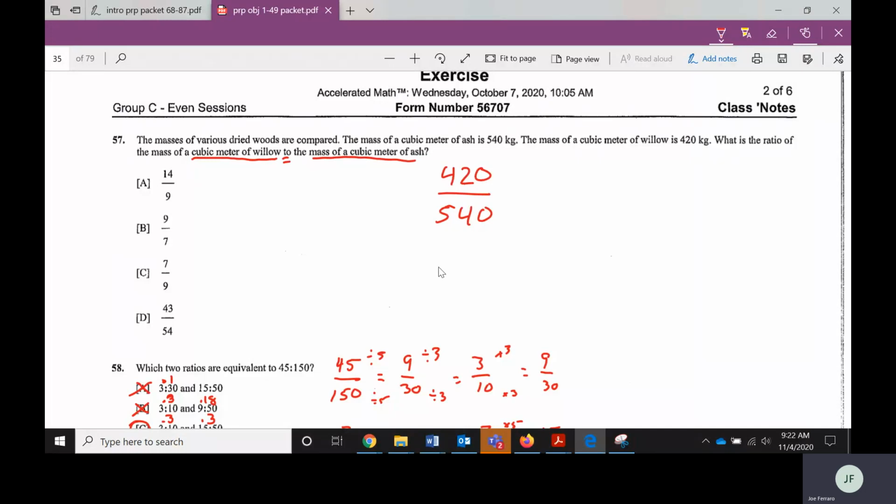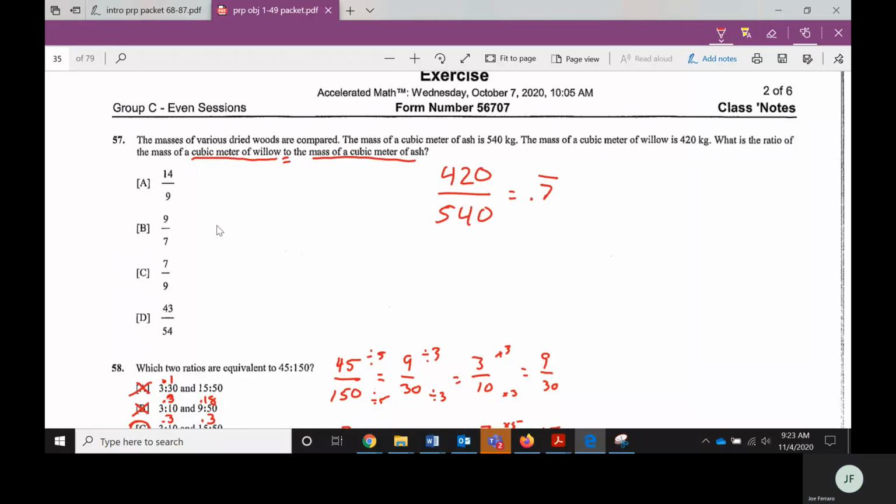Again, there's two ways you could do this. You could do the decimal, or you could do the fraction. For the decimal, you would just hit 420 divided by 540, and you get 0.7 repeating. Because these are reduced fractions, they're not what we have here.